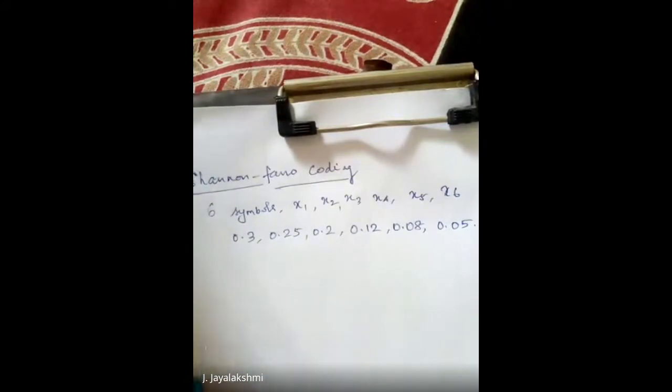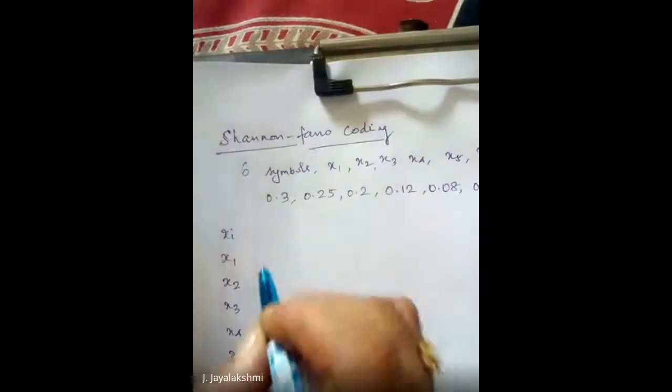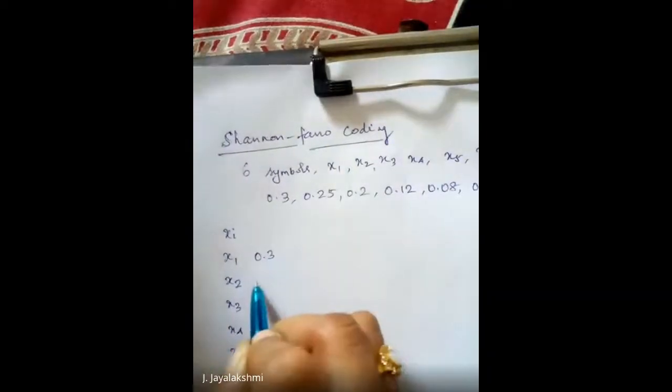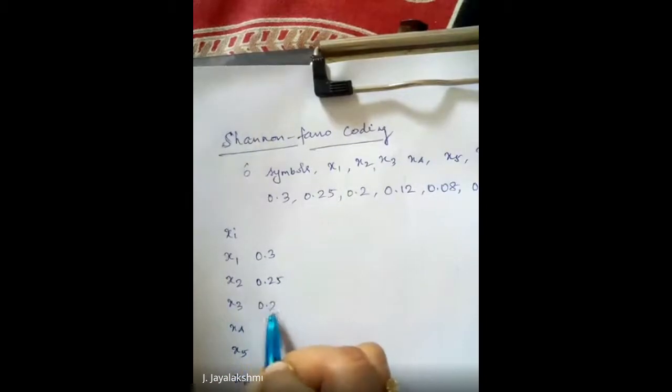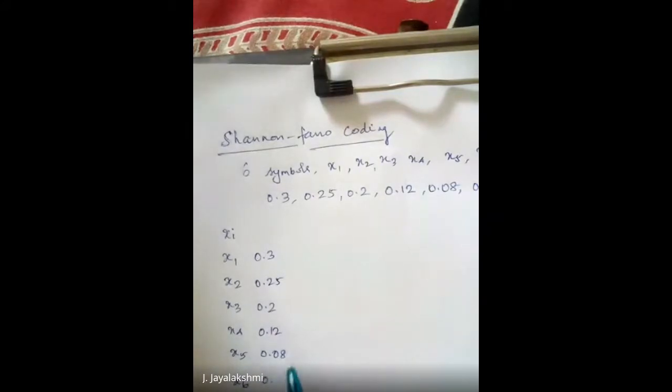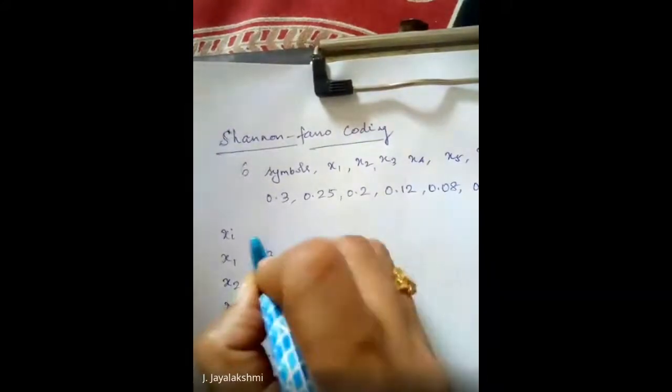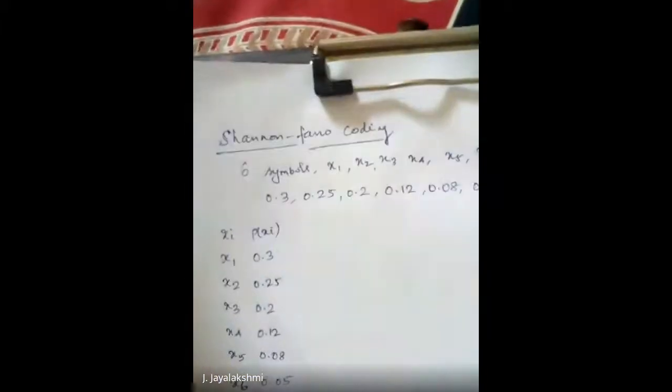To start with, let us write the symbols: x1, x2, x3, x4, x5 and x6, and the corresponding probabilities are 0.3, 0.25, 0.2, 0.12, 0.08 and 0.05. So these are the probabilities of the symbols given in the problem. So what is the first step you are supposed to do?